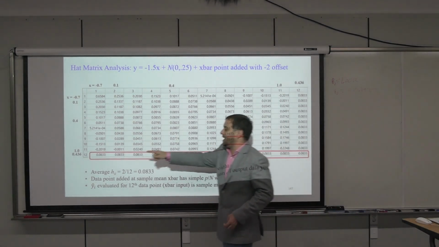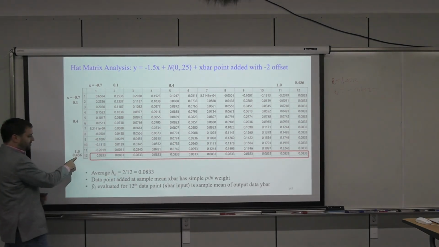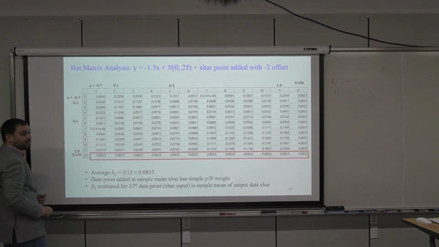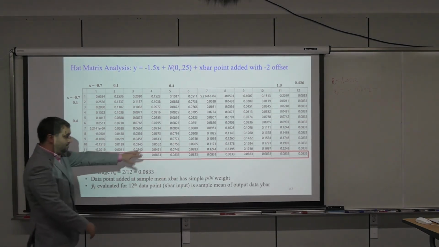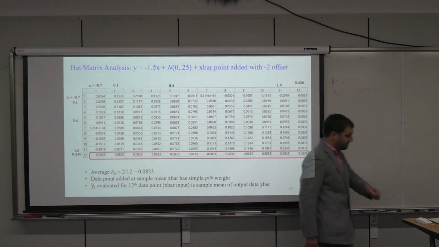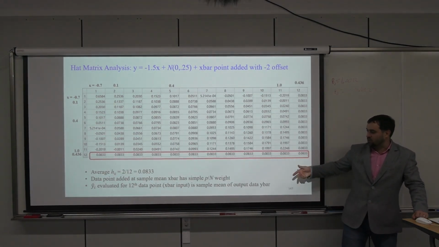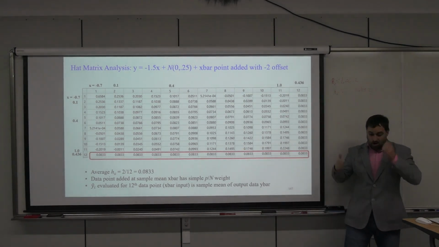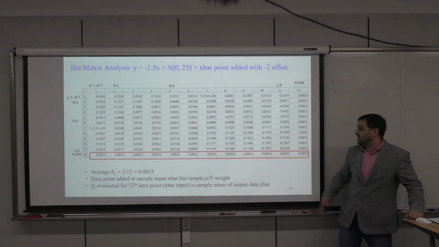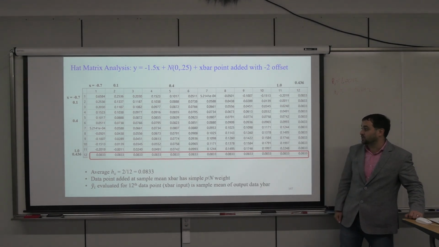And so the y hat at x bar of 0.436 is the sample mean, and that comes out of the hat matrix analysis. And that actually shows you why the line of best fit always passes through the sample mean. You can actually see that in the hat matrix analysis.